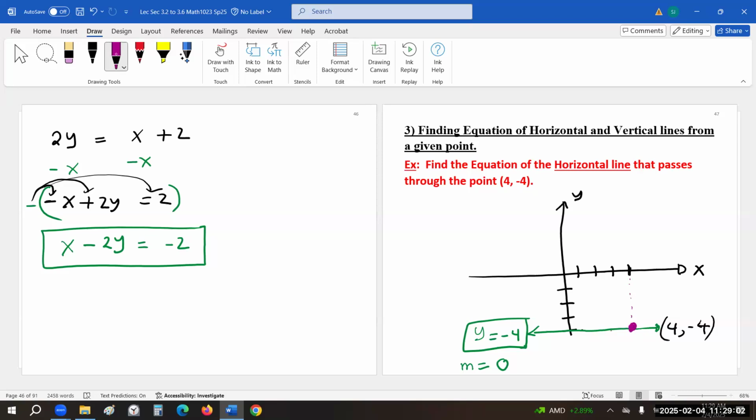So a vertical line is a line that goes straight up and down. So if they ask you to write a line that is vertical, this would be the vertical line. And if you observe, it's going through the x value 1, 2, 3, 4. So x value 4 is using this line. So equation of any vertical line is x equals some number. In here, it's the number 4.